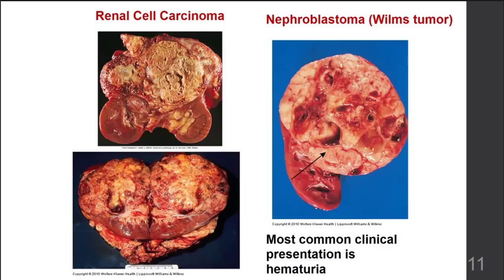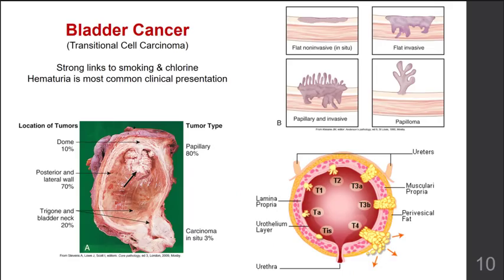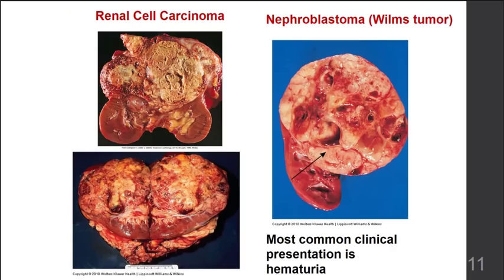The two types of renal tumors that we're going to discuss now are called renal cell carcinoma and nephroblastoma. Just make note now that we're talking about the kidneys, whereas on our previous slide we were talking about the bladder. So starting off with renal cell carcinoma, more commonly inflicts adults and makes up the majority of renal cell tumors.